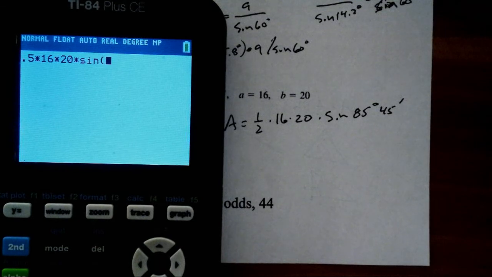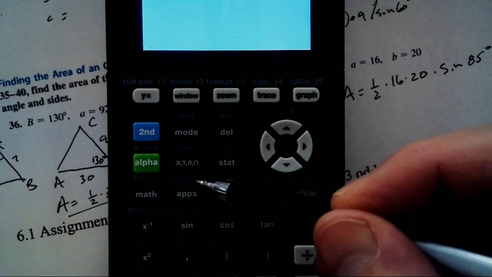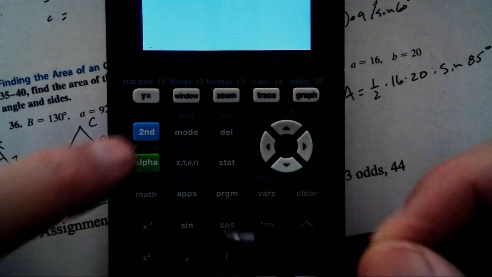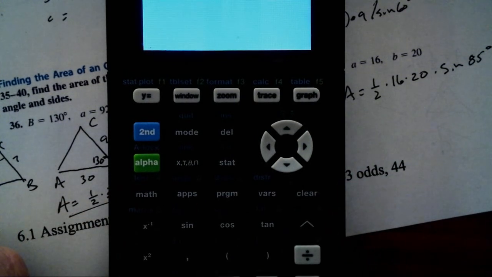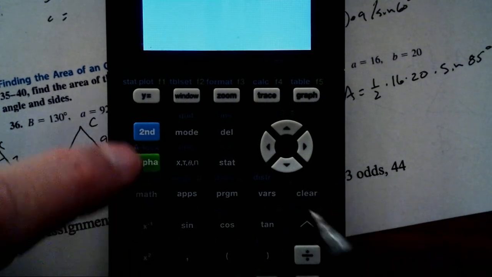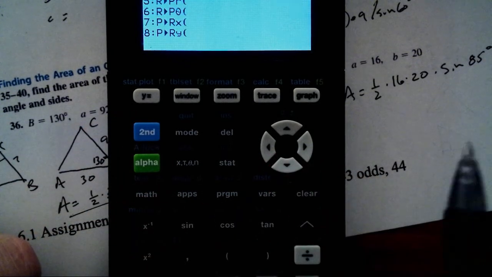sine of, I'm going to go 85, and now on my calculator, right here, above apps, is angle. That's second apps. I'm going to put in the degree symbol, and then I'm going to put in 45 and go back to angle, second apps, and put in the minute symbol.